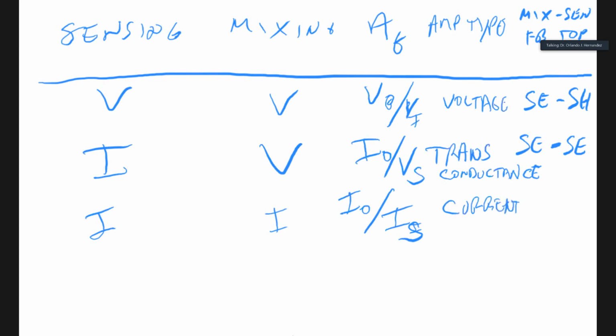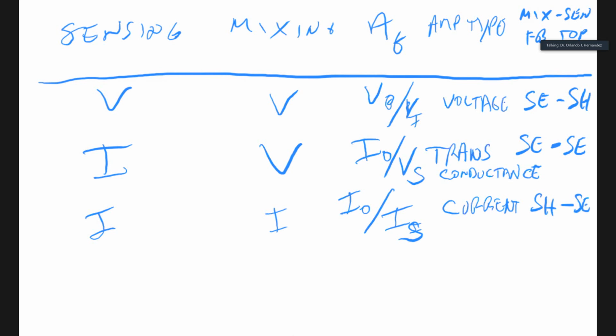So since we are mixing current, we do that with a shunt topology on the mixing side, and since we are sensing current, we do that with a series. So that will be a shunt series feedback topology.